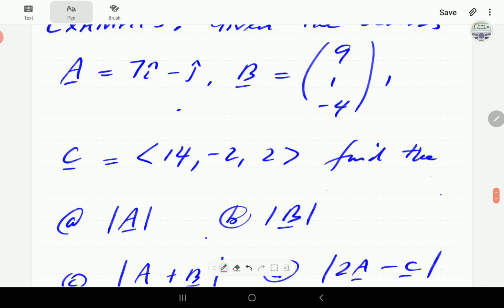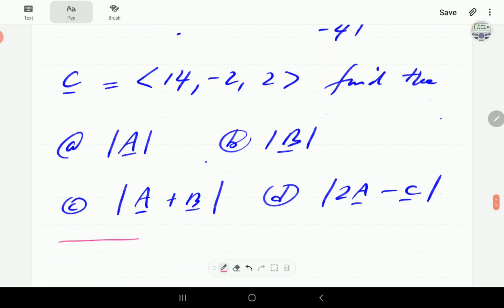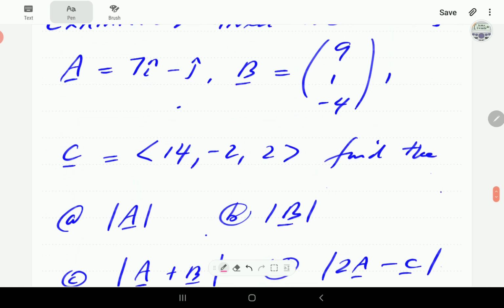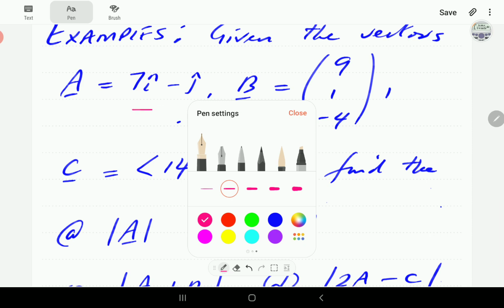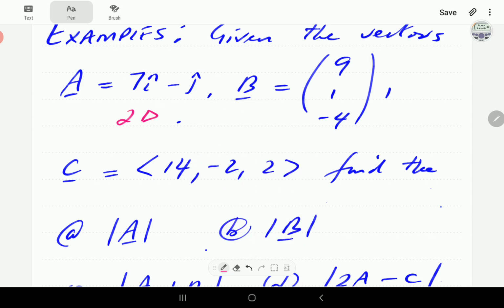Find the magnitude of A. Before we go on, we note that vector A is a two-dimensional vector because it's got only x and y components.